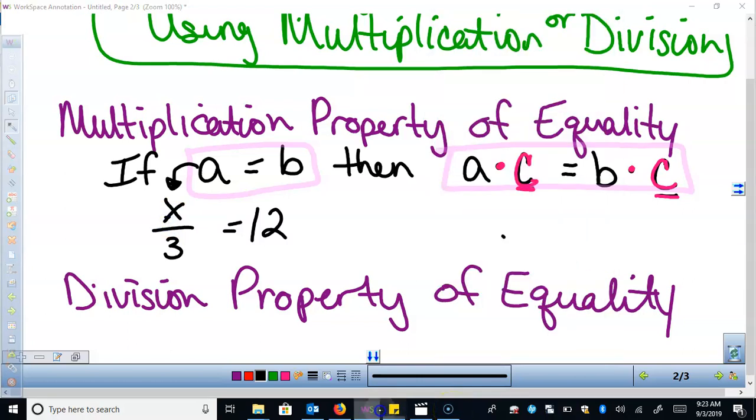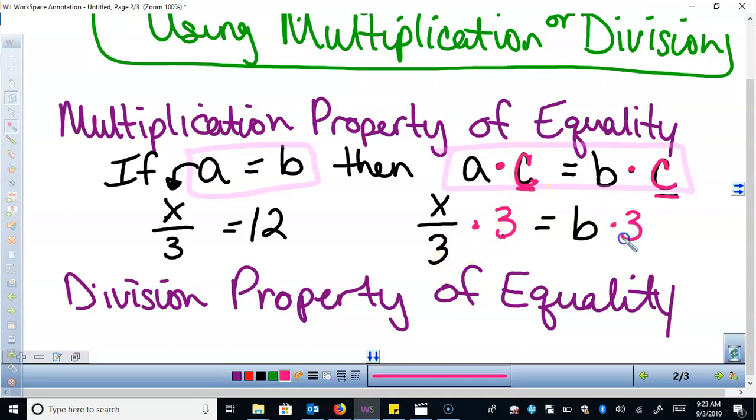In this case, we're going to say C is equal to 3. So we would have x divided by 3 times 3. The reason we picked 3 is because the 3 in the denominator and C as a 3 would cancel each other out and equal 1.